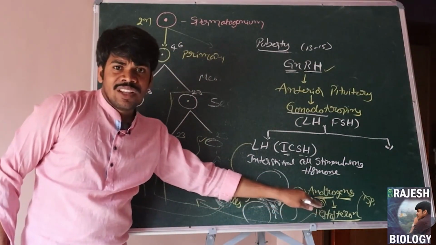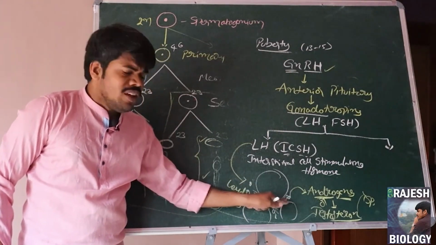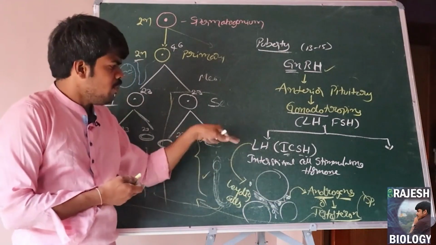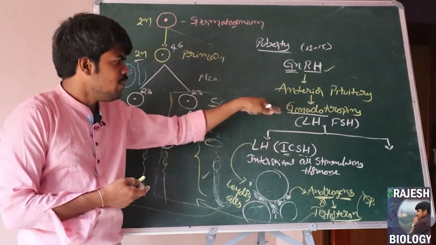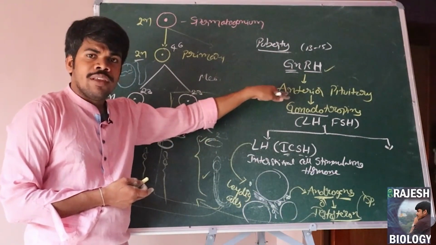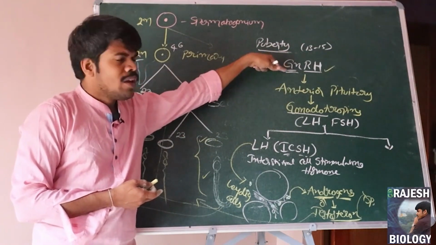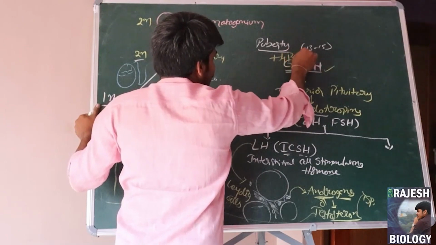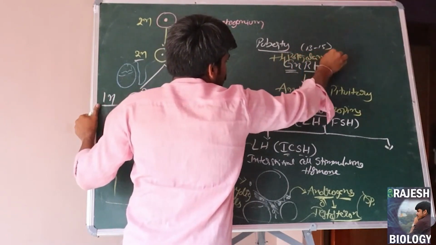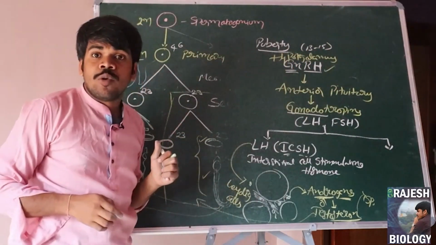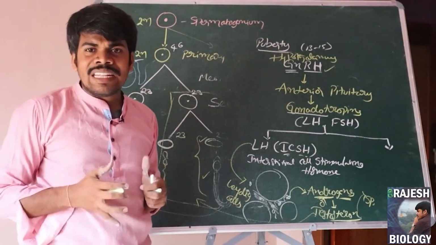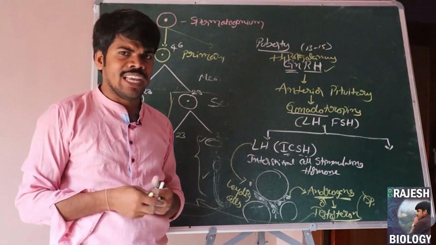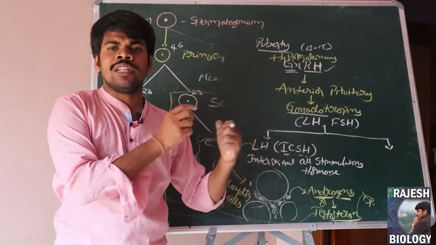It is released by the Leydig cells when they get stimulation from LH. LH is released from the anterior pituitary when it receives the hormone from the hypothalamus. The hypothalamus knows everything about the body, and when a certain age is reached, the hypothalamus gets stimulated: okay, this is the age to release gonadotropin releasing hormone.